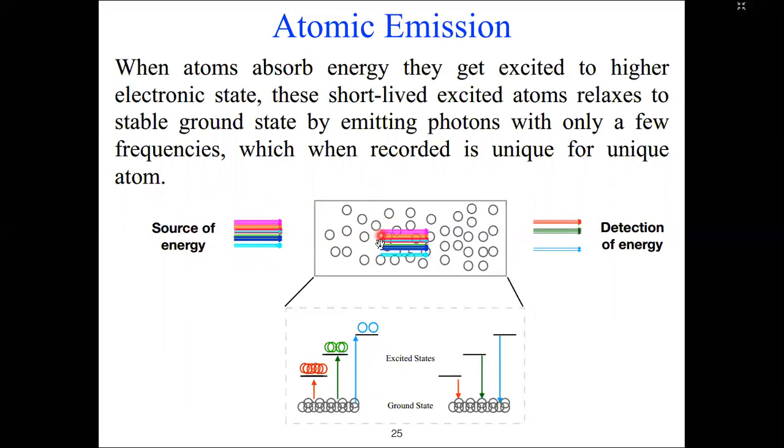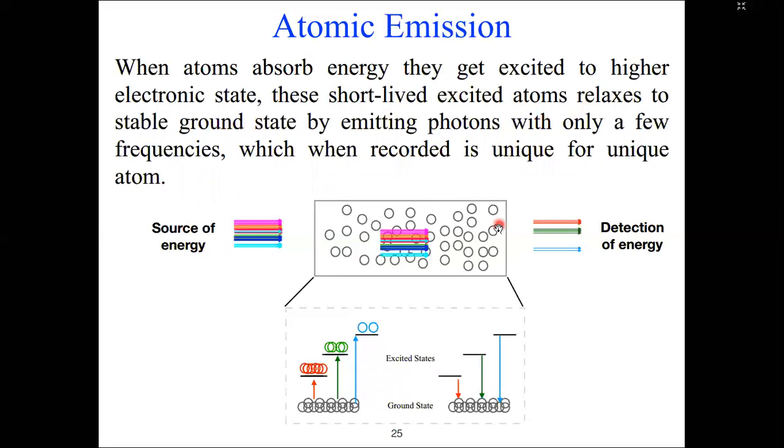When they interact with the gaseous atoms, some of them are absorbed by the atoms, which is the absorption, and the atoms are excited to a higher electronic state. However, these electronic states are very unstable and they relax to the ground state, which is the stable state.